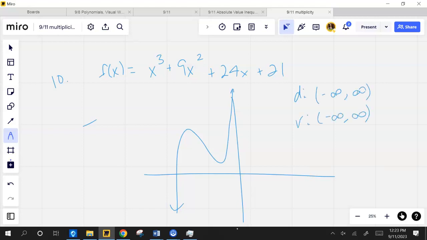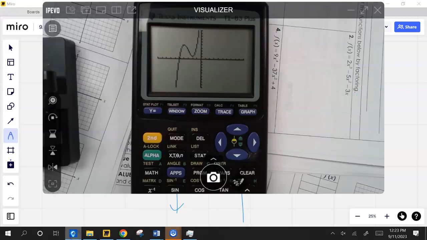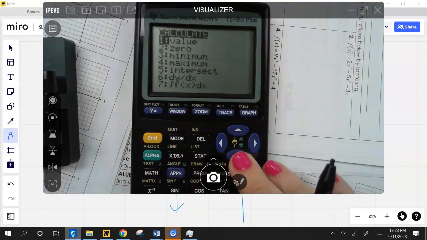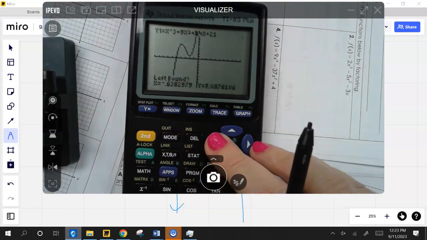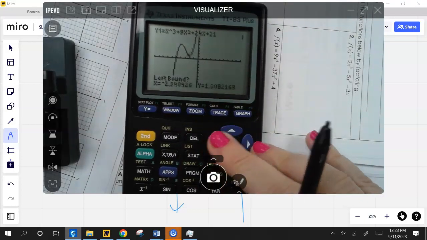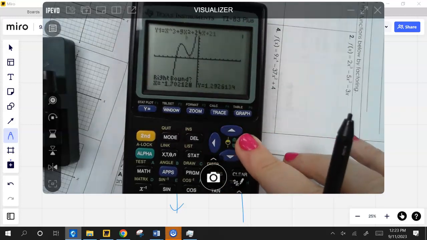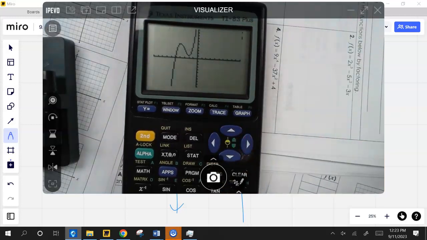What did it ask next? So I'm going to have to go in my calculator and find this. So second trace, minimum, that is a relative. There's my spider. Left, right, guess. Relative minimum looks like negative 2, 1.